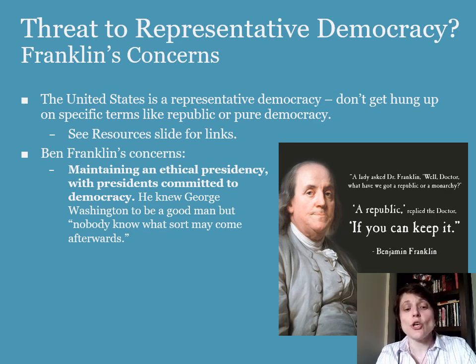He actually said, "Nobody knows what sort may come afterwards." He voiced a concern that in the United States, as everywhere else in the world at that time, the executive is always going to be increasing until basically it ends in a monarchy. And those are sobering words, so keep them in mind when we discuss executive branch authority, particularly the executive agencies that affect our daily lives.